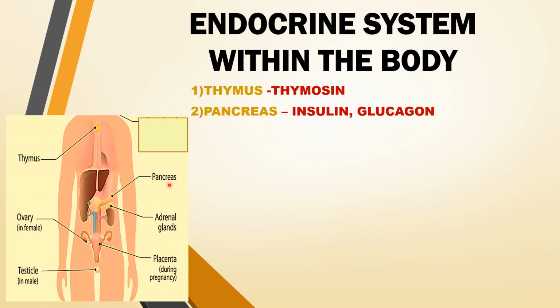The function of the pancreas is it secretes blood regulating hormones, the insulin and the glucagon. The insulin reduces the level of glucose while glucagon increases the level of glucose in the blood. The deficiency of insulin in the blood causes diabetes mellitus.